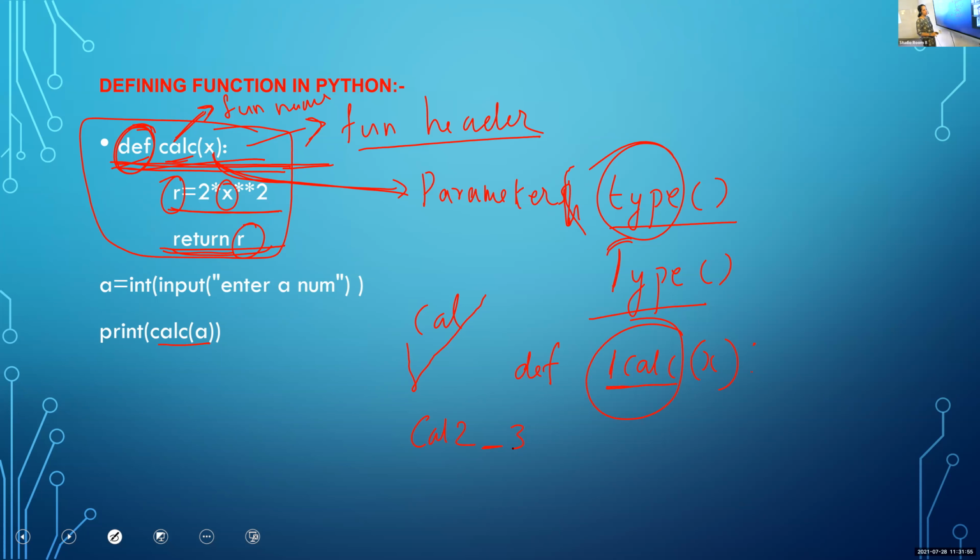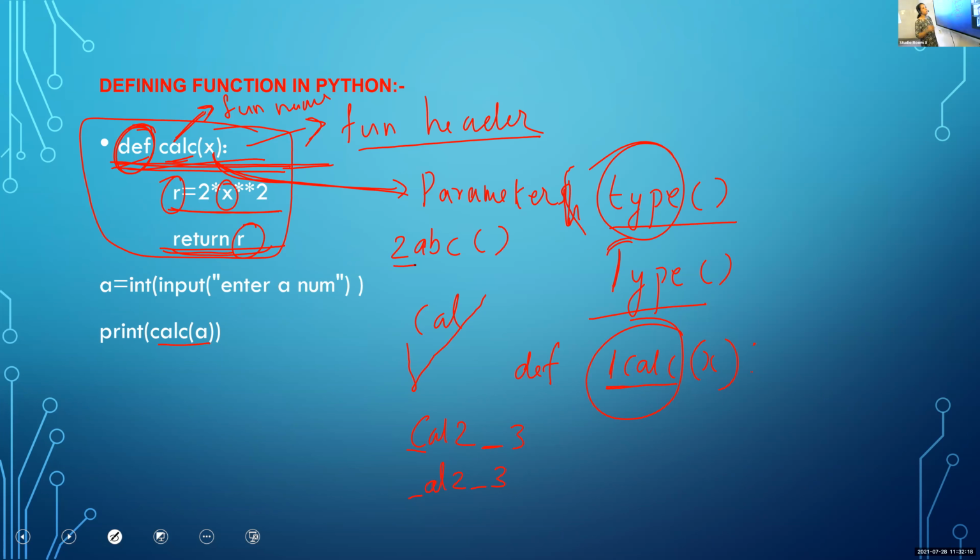But every identifier name or function name must begin with a character or with an underscore. If I start with a number, 2ABC, it is invalid because it begins with a digit.